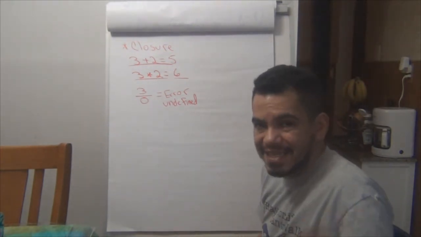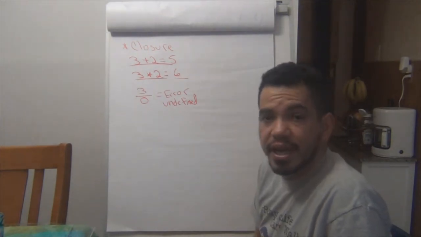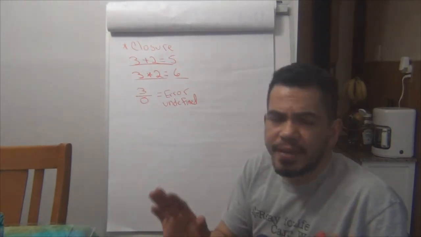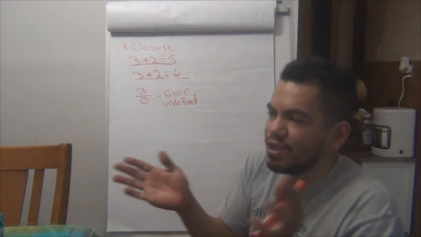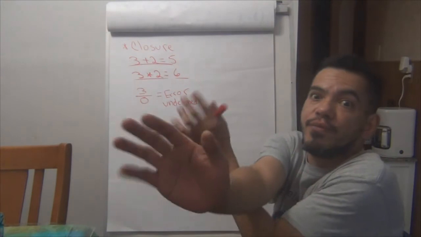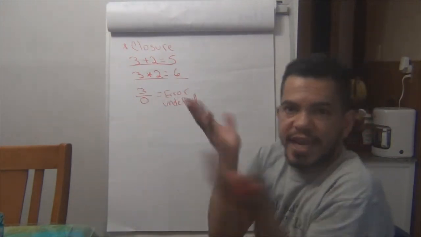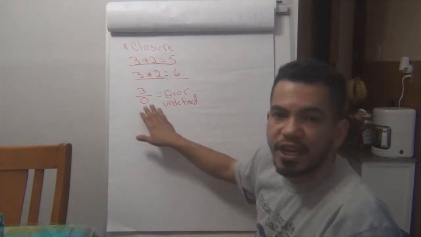And if you ask Siri about it, Siri is going to tell you, please do not make me divide by 0. That would be like me asking you to grow a third arm, which you cannot do, right? So you cannot divide by 0.